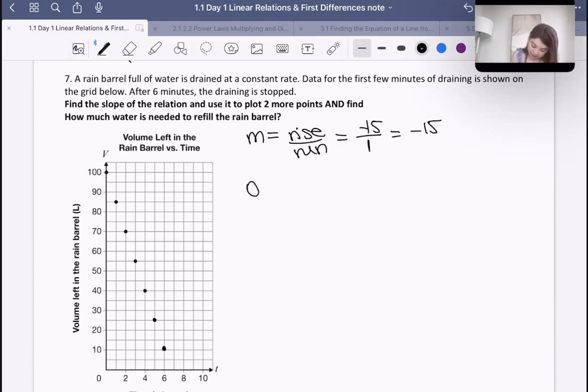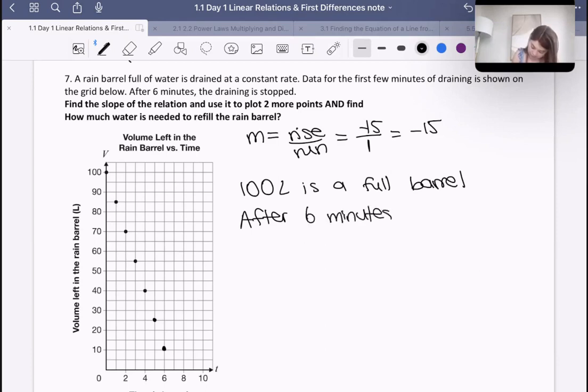So let's say 100 liters is a full barrel, and looks like we went all the way down to 10, right? And after 6 minutes, there are only 10 liters left, right?